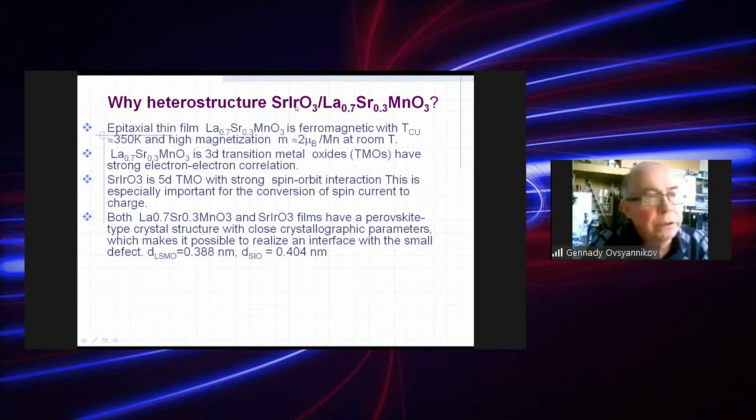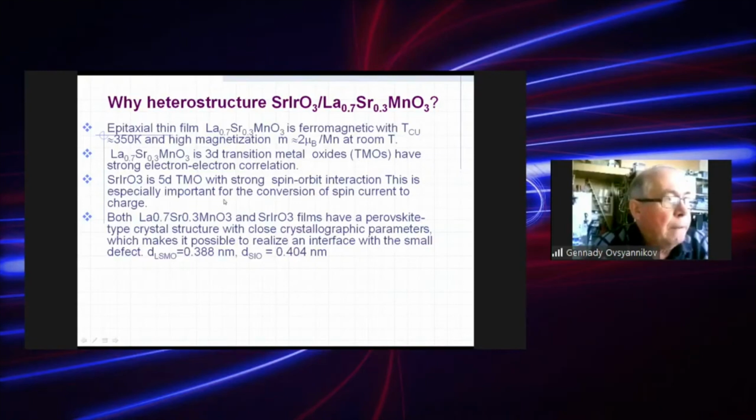Manganite is a rather well investigated material. It is ferromagnetic with optimal doping, with a Curie temperature of about 350 K, and quite high magnetization at room temperature. Manganite is a 3D transition metal material and has strong electron-electron correlation.